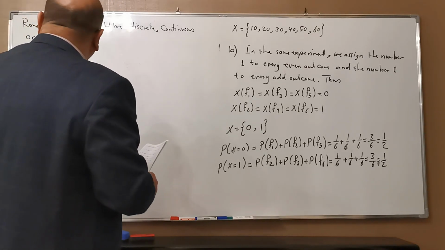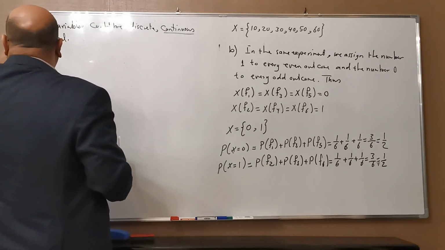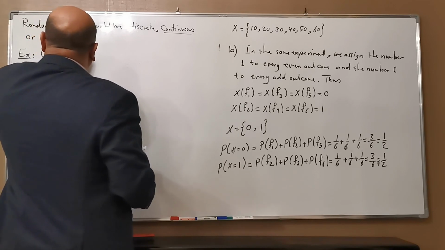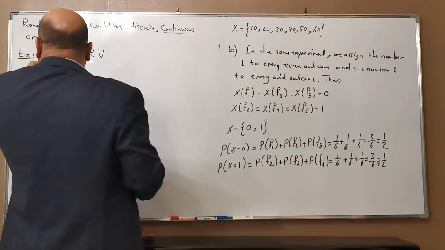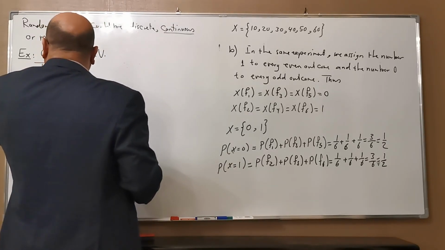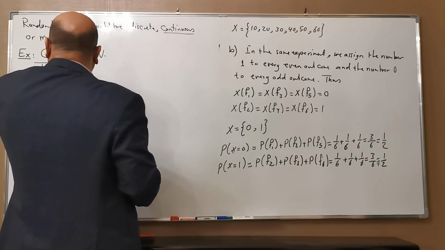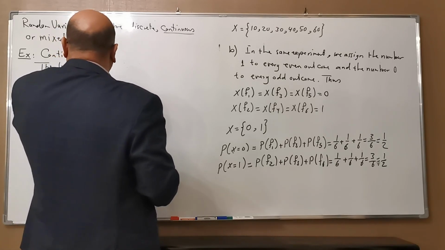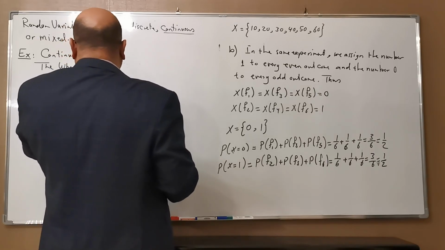Okay? If we want to just look at a continuous random variable as an example, let's take the wheel of fortune.